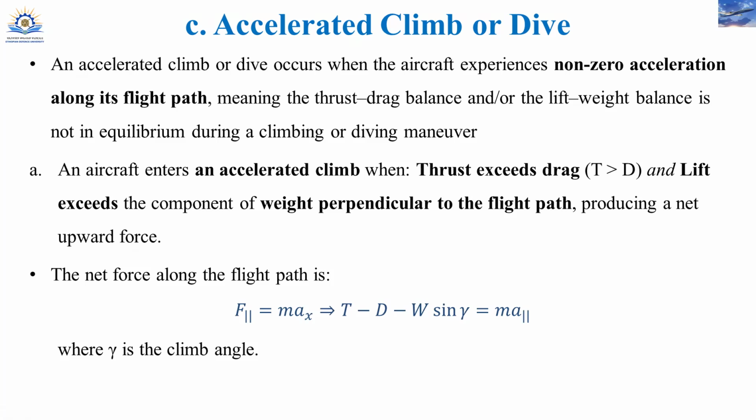So an accelerated climb or dive occurs when the aircraft experiences non-zero acceleration along its flight path, meaning the thrust to drag balance and or the lift to weight balance is not in equilibrium, just as we have discussed before. An aircraft enters an accelerated climb when thrust exceeds drag.